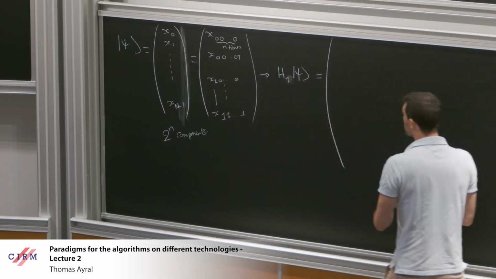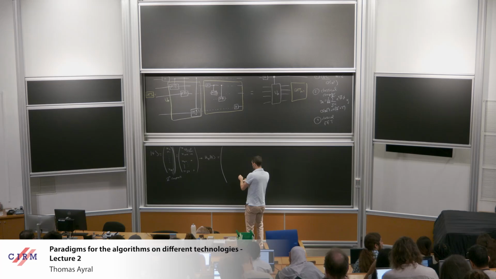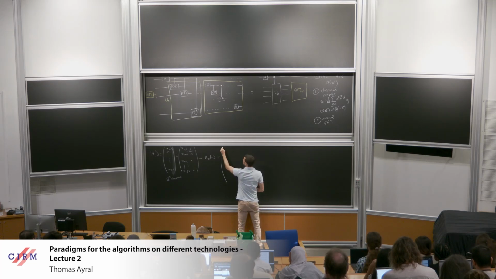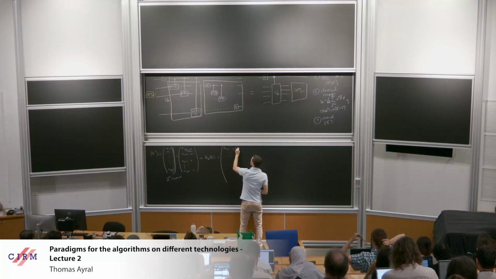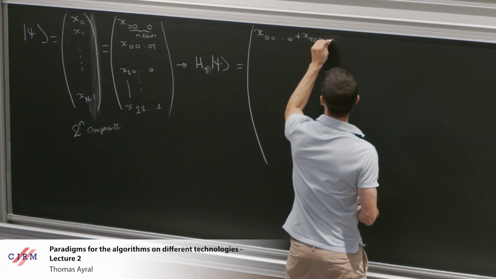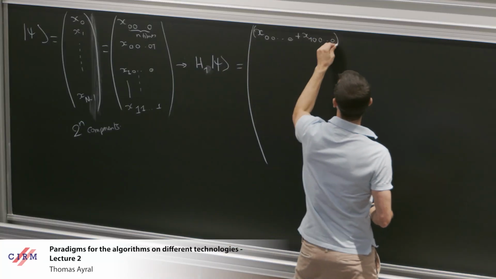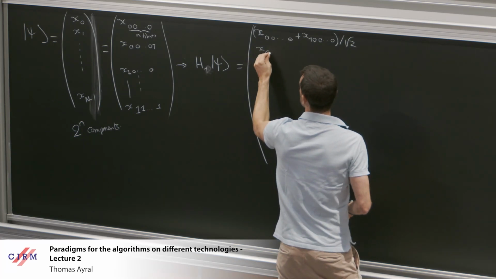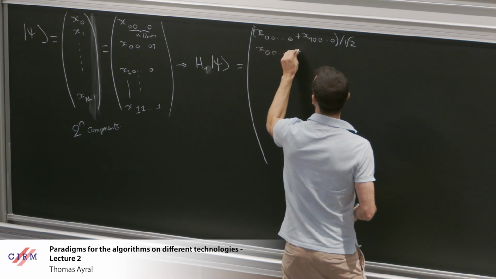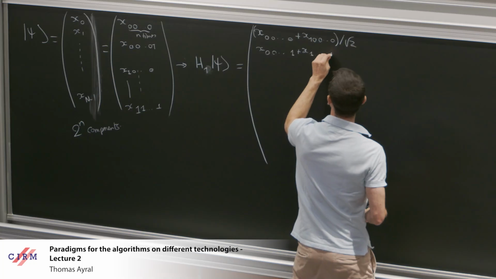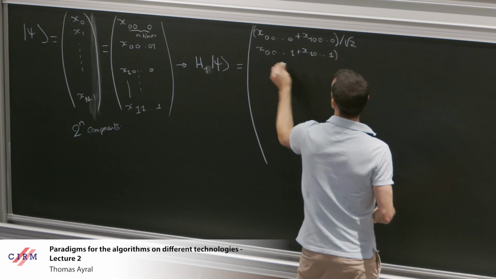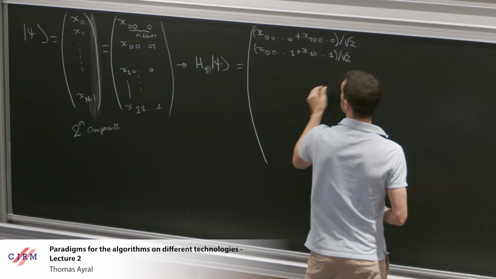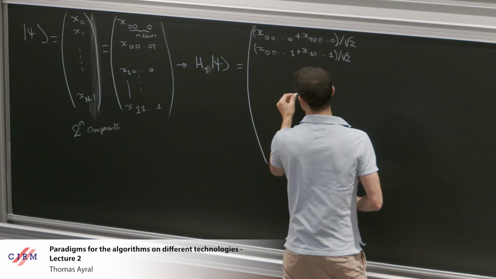So if you do the math, you'll find that you get x0, 0, 0 plus x1, 0, 0, 0 over square root 2. Same thing here, x0, 0, 1 plus x1, 0, 0, 1 over square root 2. So that's for the first part.